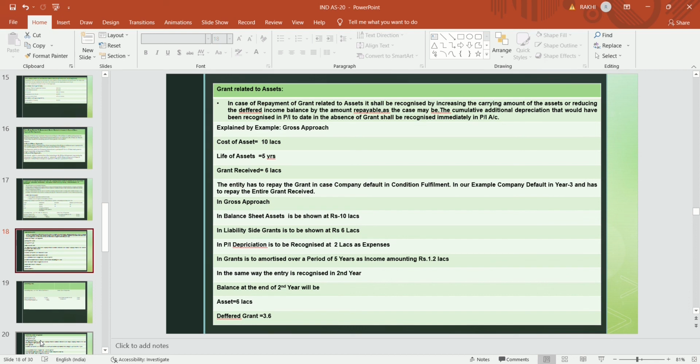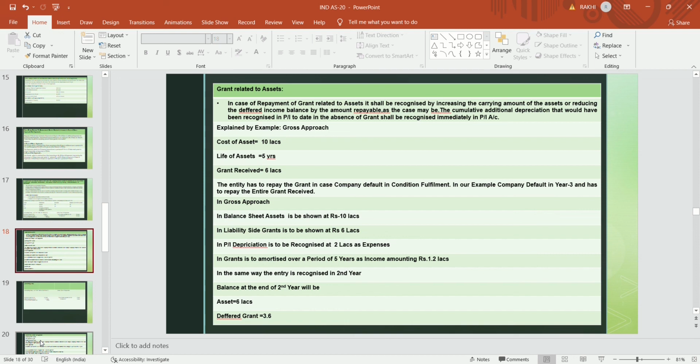And in P&L, depreciation is recognized for 2 lakhs, that is 10 lakhs divided by 5 years, as an expense, and the grant is amortized over a period of 5 years, that is 1.2 lakhs, treated as income. In the gross approach, it should be shown separately, that's why it's not netted off.